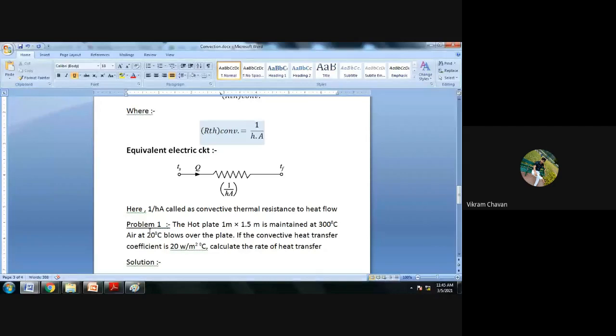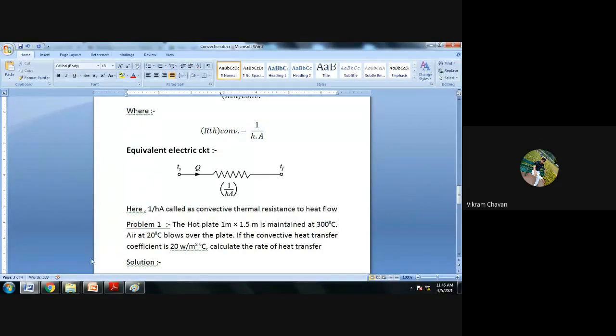Problem number 1, write down: the hot plate, 1 meter by 1.5 meter, is maintained at 300 degrees Celsius.